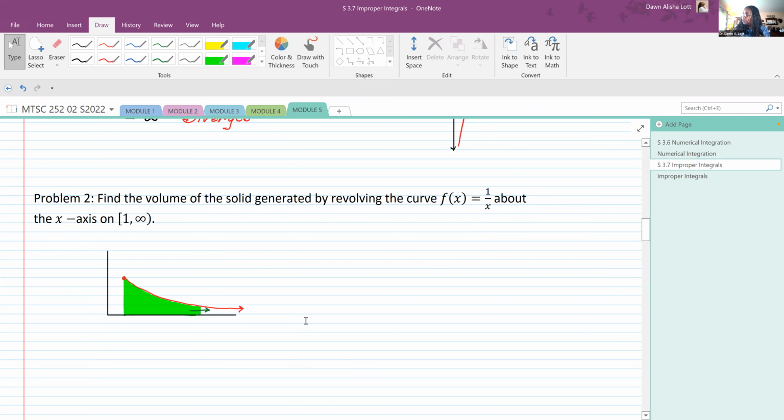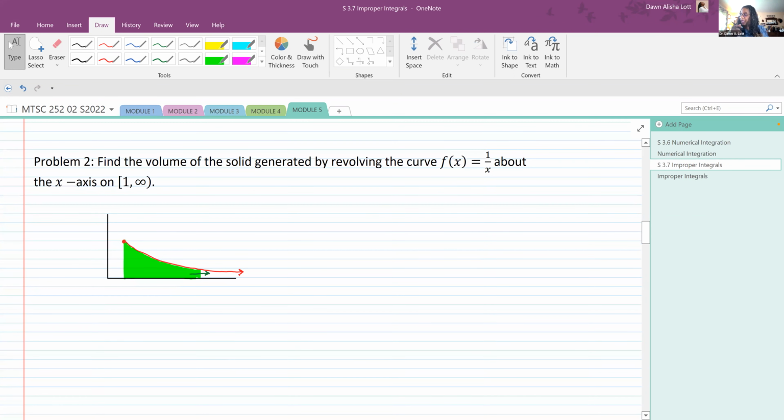So I'm going to revolve this about the x-axis. That means I pick a point and then I revolve it about the x-axis like so. And over here, I also know that this curve is actually being revolved. So now I have a three-dimensional solid that has volume. Okay, so let's go back to when we did volumes of revolution.